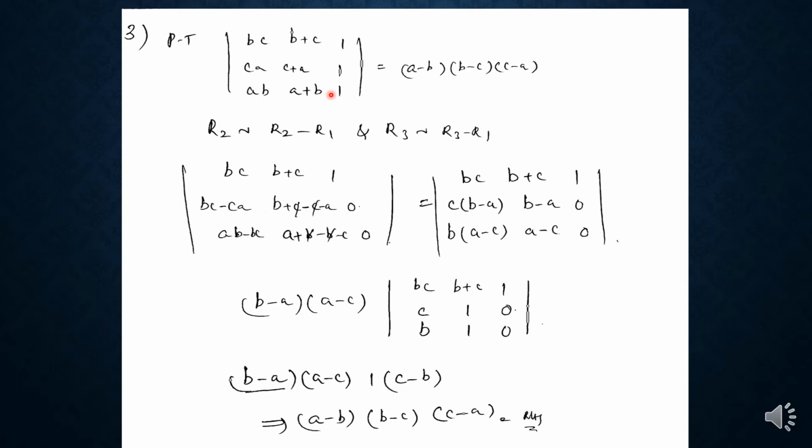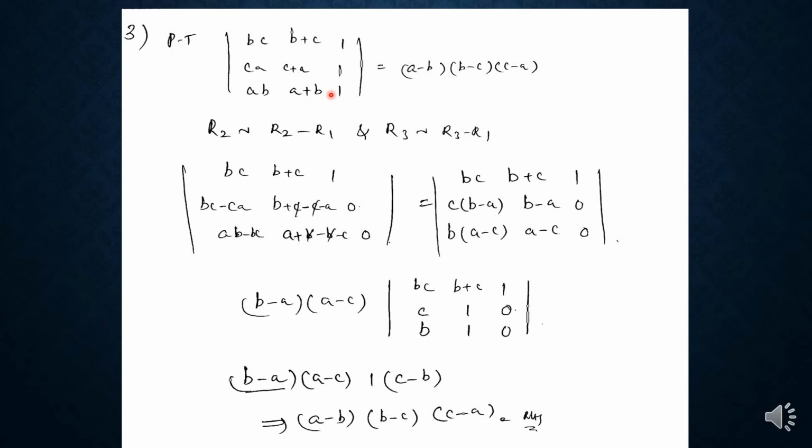If we have any row or any column having ones, then by making row operations or column operations, make two ones as zeros. Then we can expand by using the Laplace expansion.